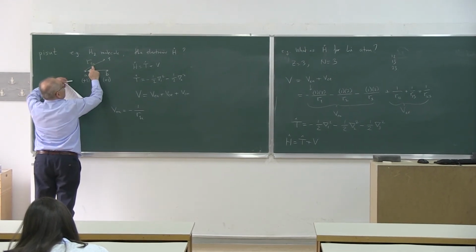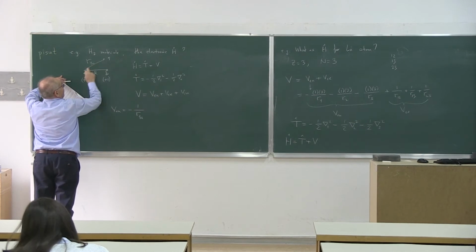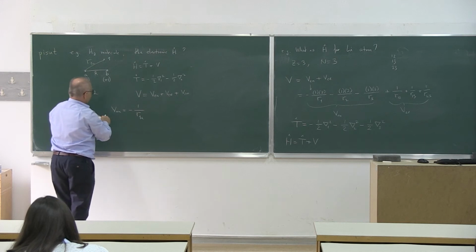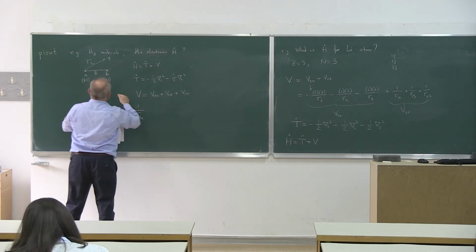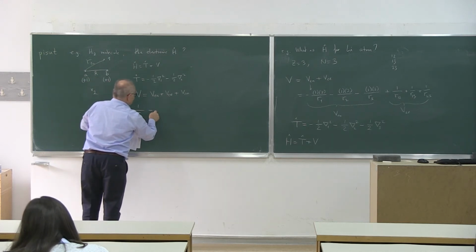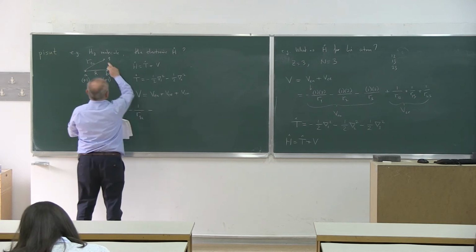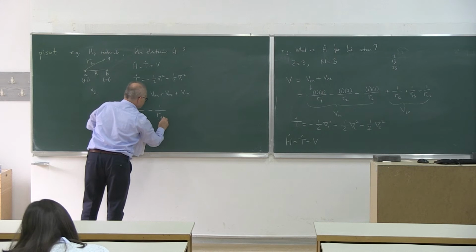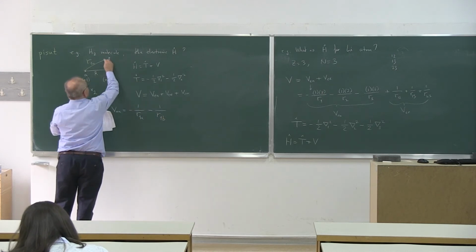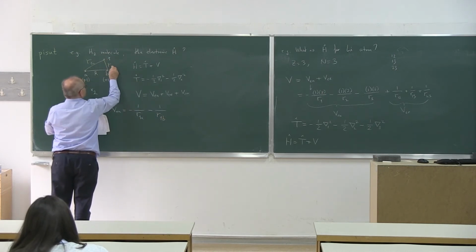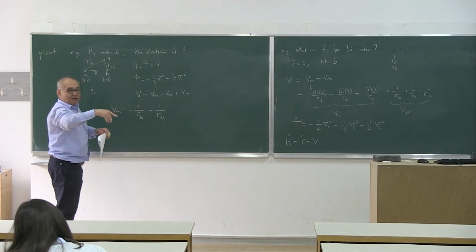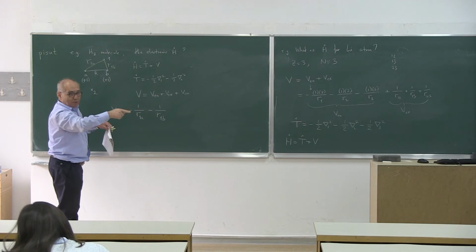R1A means distance between electron 1 and nucleus A. Then attraction of the same electron to nucleus B. This is R1B. We are finished with the attraction of the first electron to both nuclei.